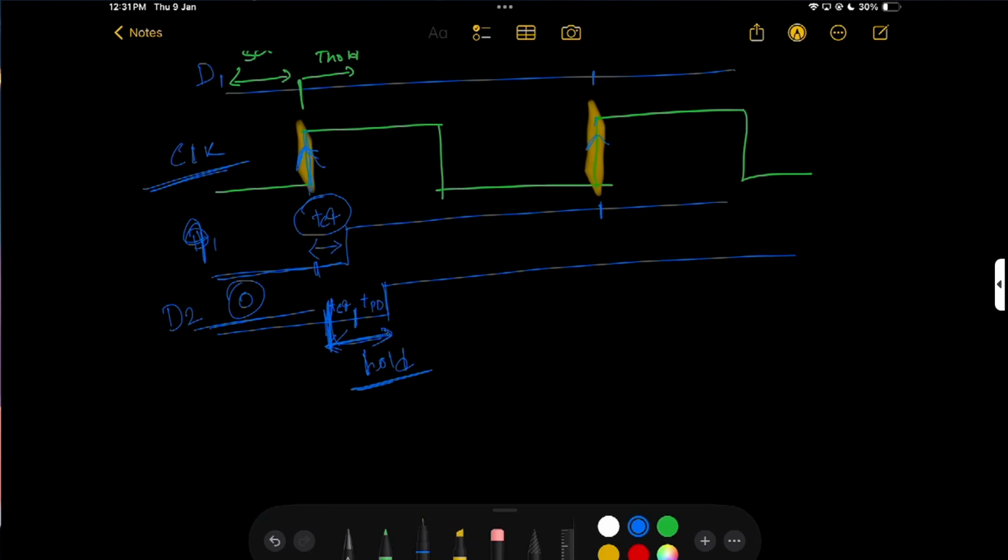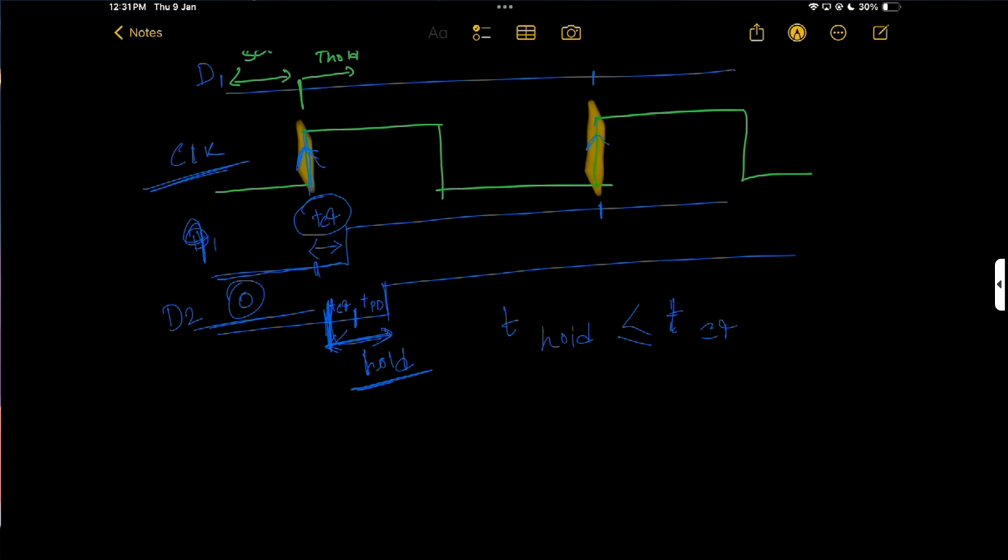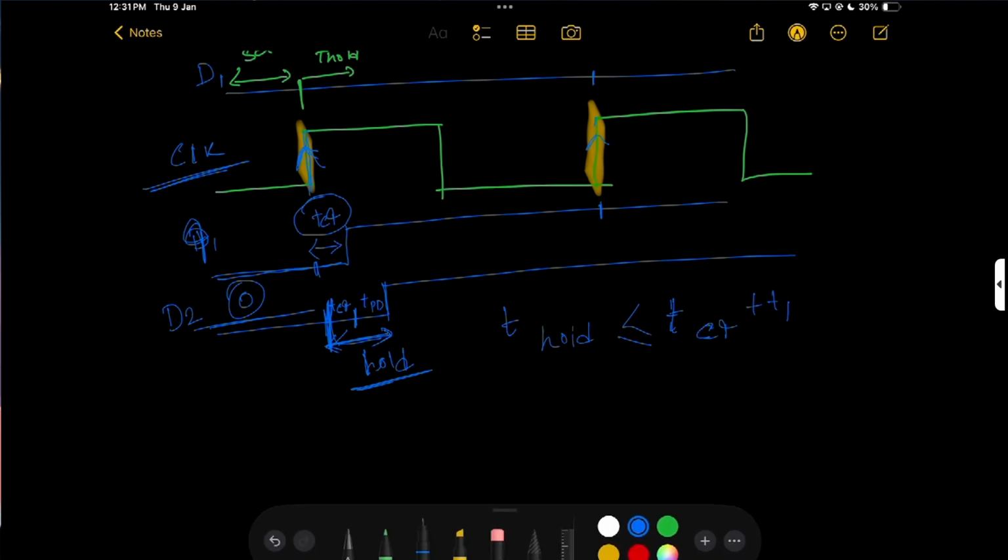So T hold should be less than or equal to TCQ plus TPD, then it's good.